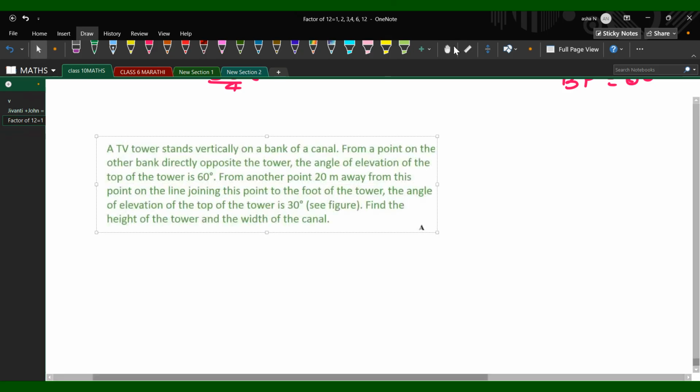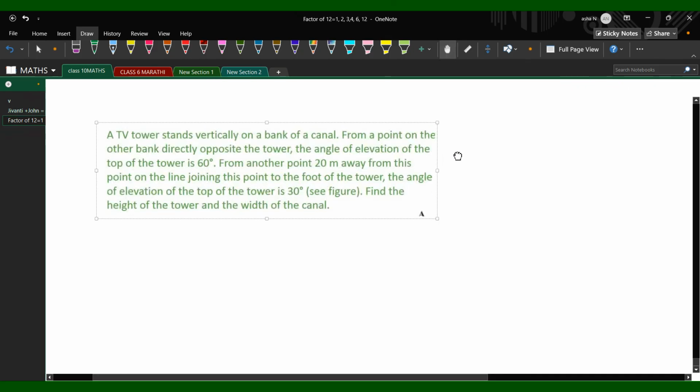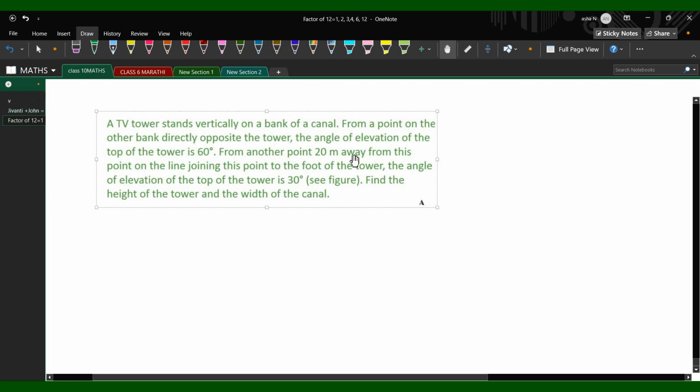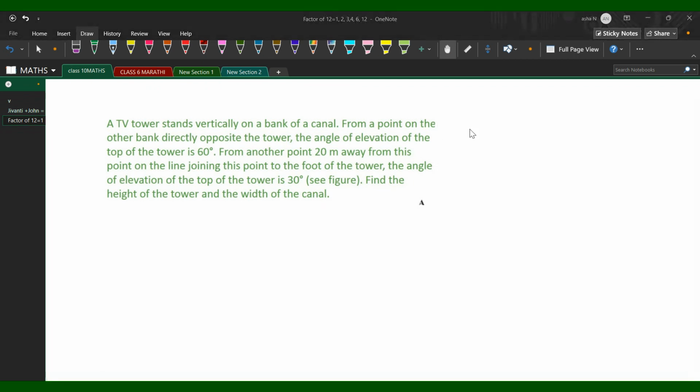A TV tower stands vertically on a bank of a canal. Okay, it is standing on the bank of a canal. From a point on the other bank, directly opposite the tower, the angle of elevation of the top of the tower is 60 degrees.